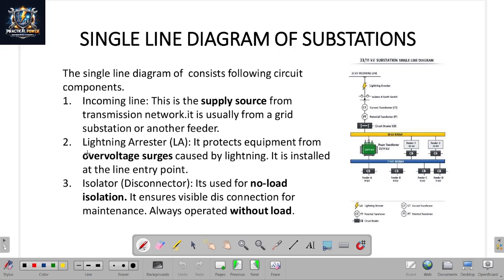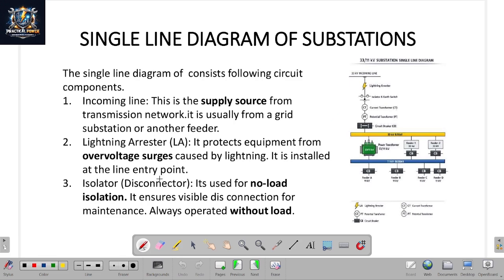Secondly, the lightning arrestor. It protects the equipment from overvoltage surges caused by lightning, and it is installed at the line entry point, at the incomer point.